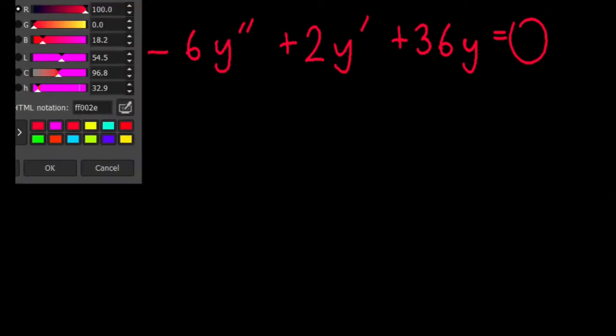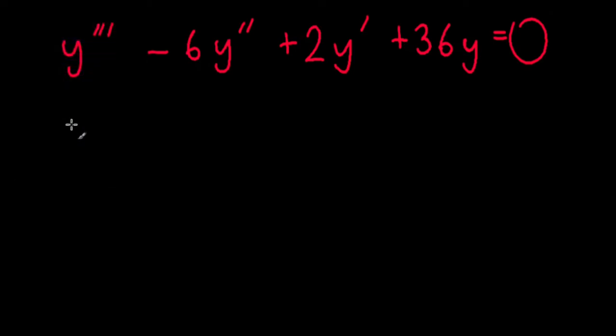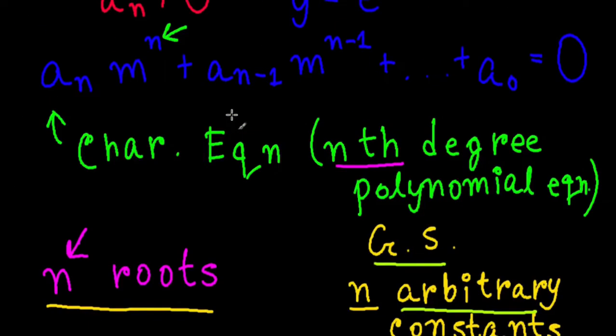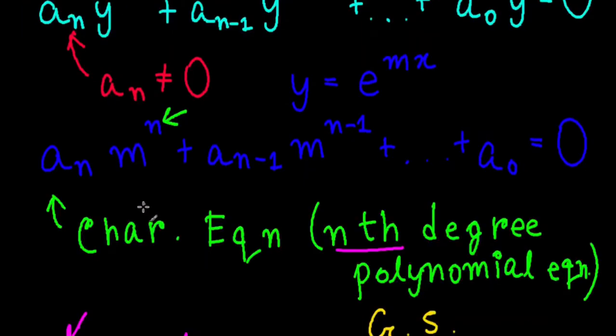So first thing first, let's write our characteristic equation. That's just gonna be, third derivative, it's gonna be m cubed, minus 6, the second derivative we have m squared. This process is the same as before. I'm actually recording this video in bits.